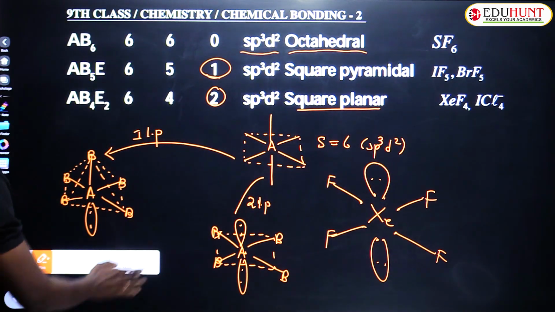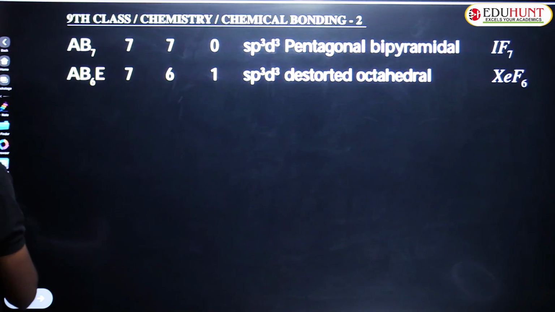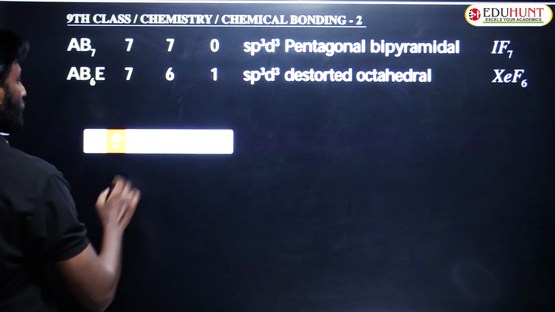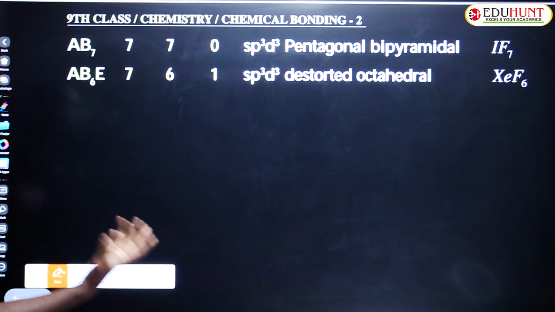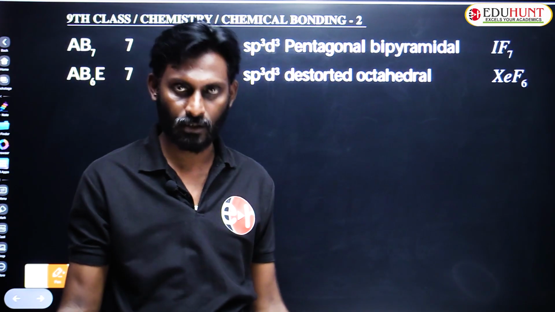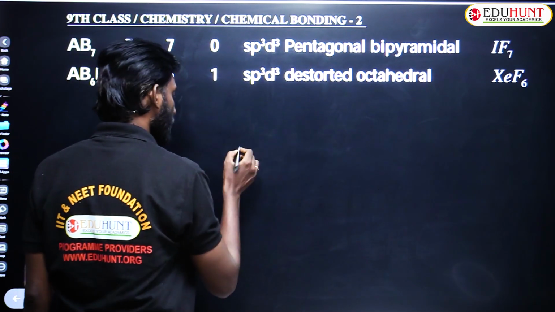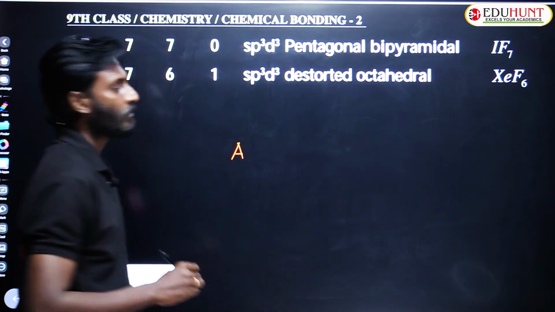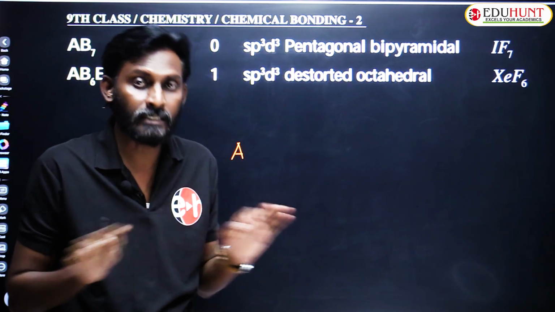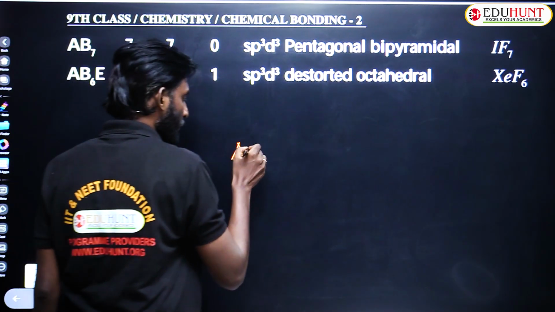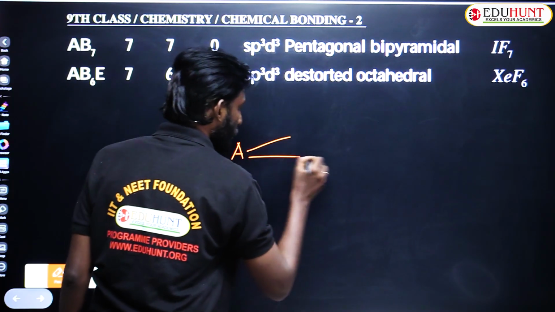Okay? AB7. Now what's this case? It's nothing but when there are 7 electron pairs around the central atom. When there are 7 electron pairs around the central atom, the geometry is going to be pentagonal bipyramidal. First write the pentagonal part.